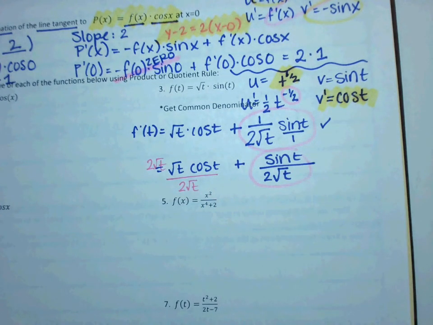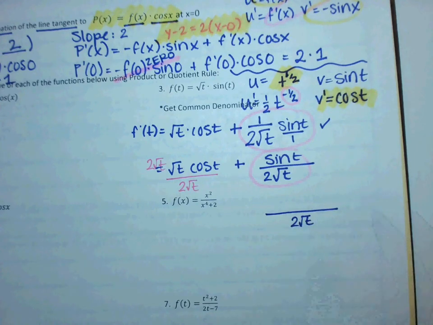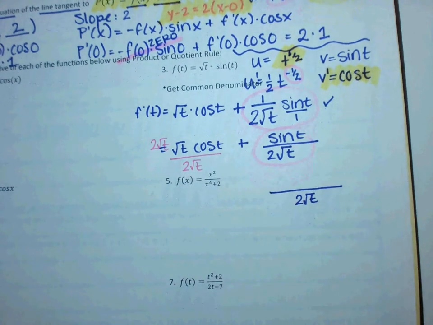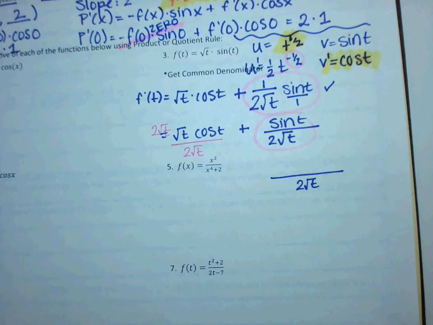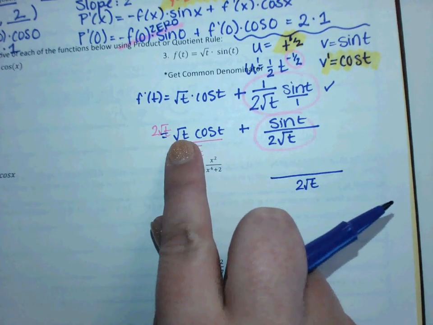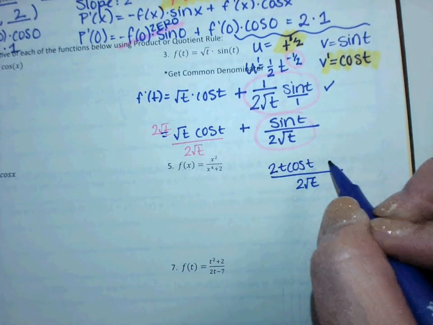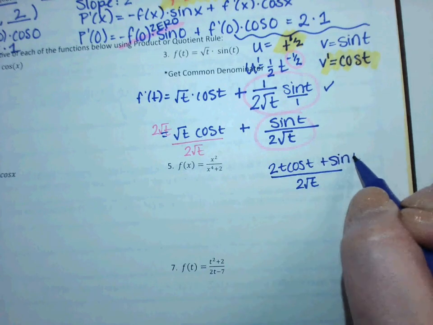Now, when your denominators match, I can combine into one big fraction. So my denominator is going to be a 2 root t, and then across the top, what am I going to have? If it's 2 root t times another root t, just look at this part. Root t times root t is t. 1 full t. So 2t cosine t plus sine t.